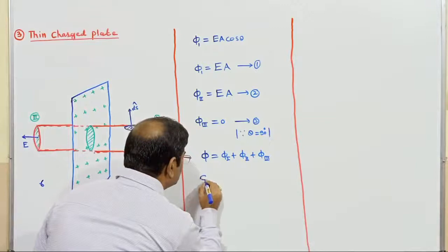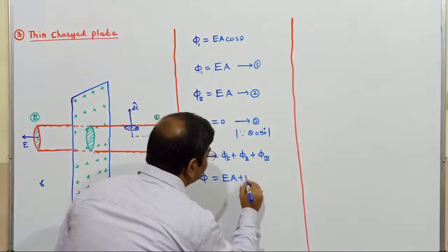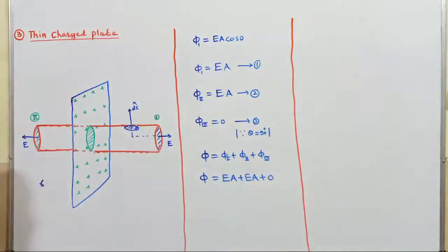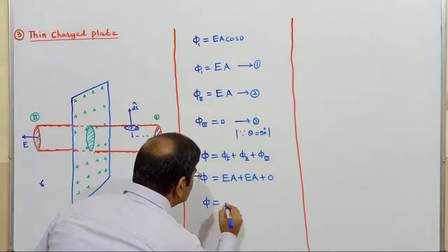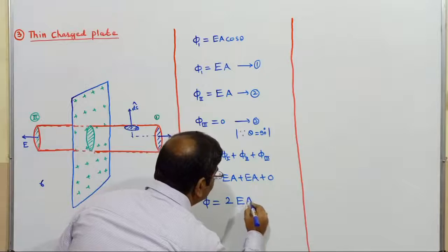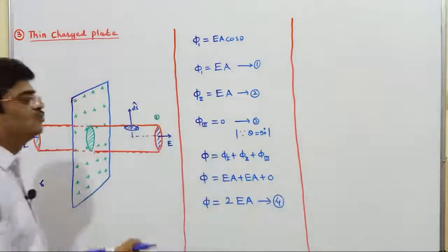The first contributes EA, the second contributes EA, the third contributes 0, and that gives me flux through the cylindrical Gaussian equal to 2EA. This is my equation number 4.